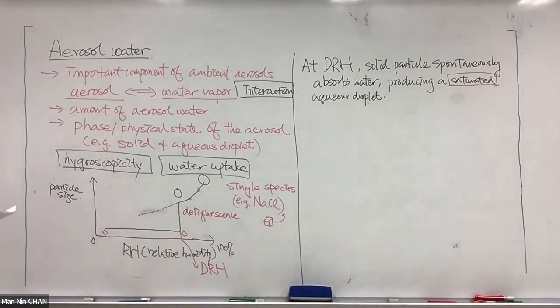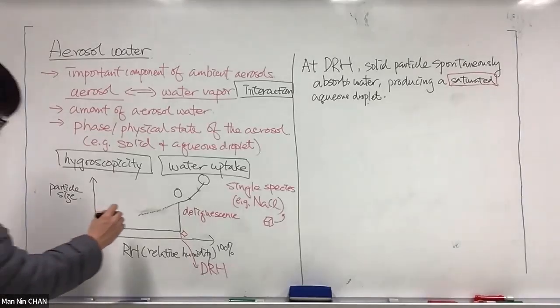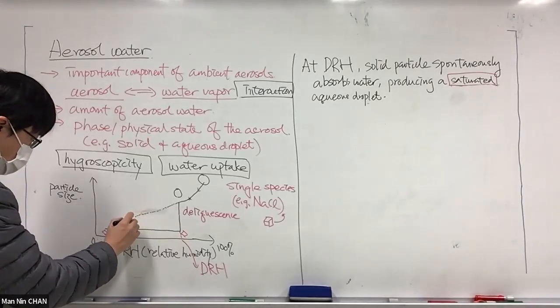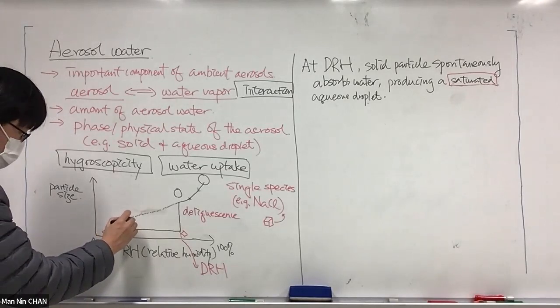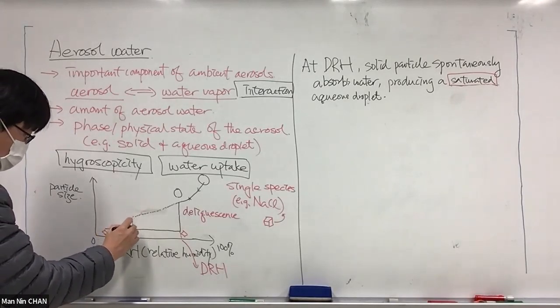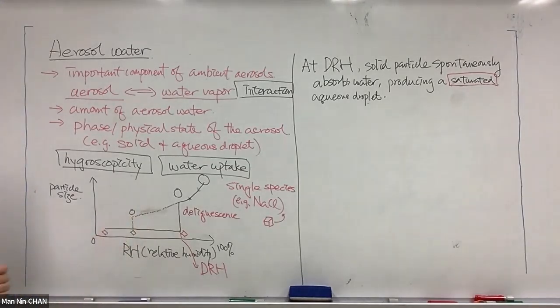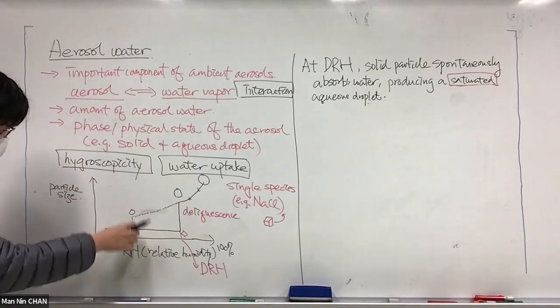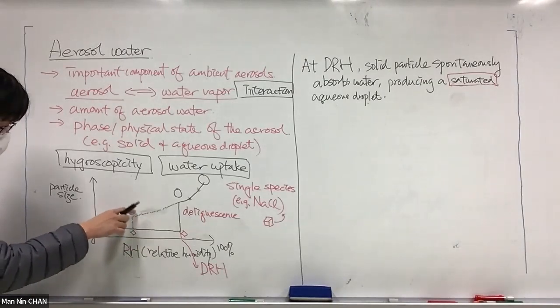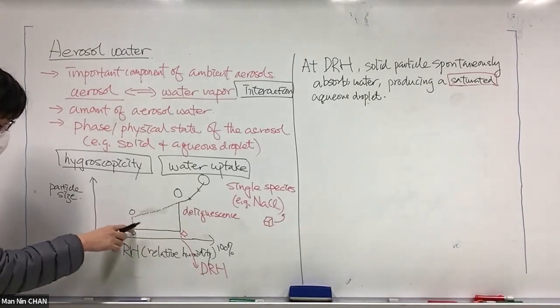And then at a certain high concentration, you can trigger the crystallization process, and this will give you back the solid here. So from a droplet, it becomes a solid.